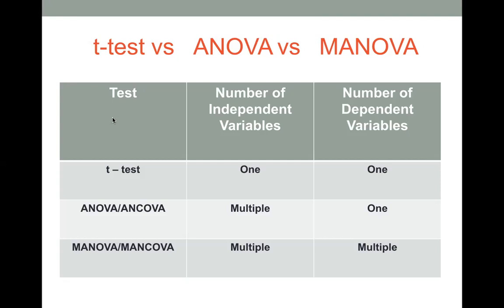Okay, so let's progress. We have the t-test versus ANOVA versus MANOVA. The number of independent variables is 1 on the t-test. Then ANOVA and ANCOVA can have multiple independent variables and 1 DV. Then MANOVA and MANCOVA have multiple independent variables and multiple dependent variables.